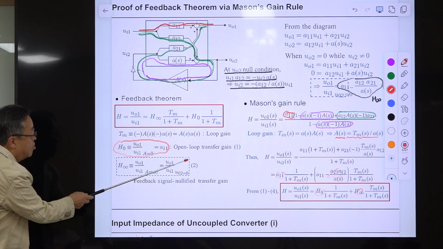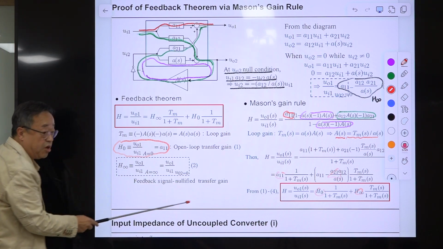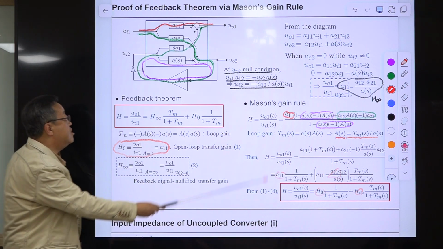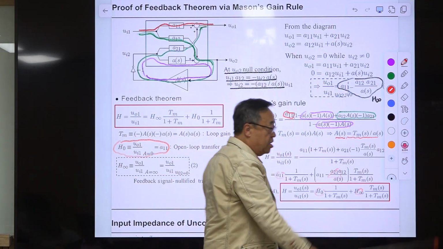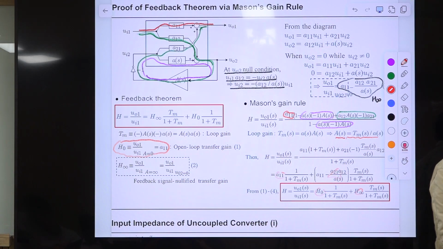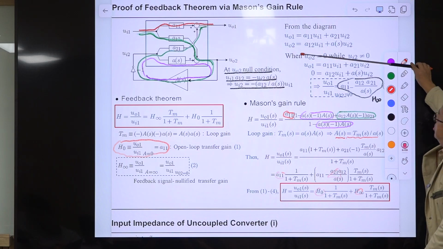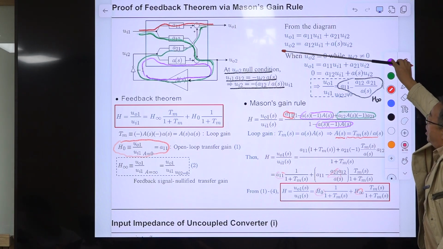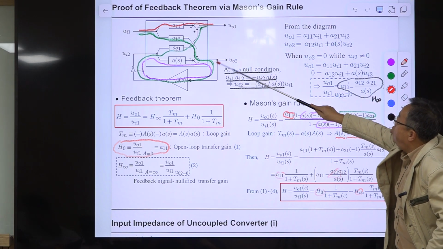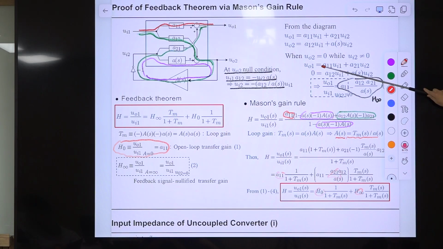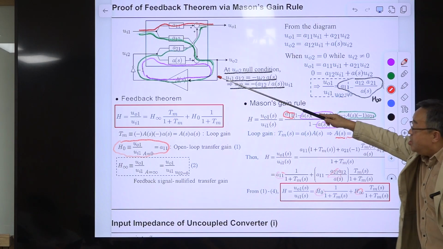This one. So put number 1 here, put number 2 here. This is the standard equation for a two-port network. So this is a two-port network, and this UO2 null condition is this one. UO2 is 0, and UI2 is not 0.